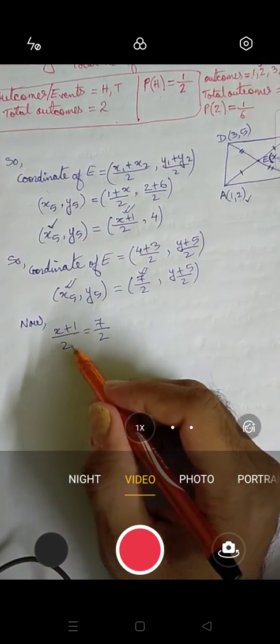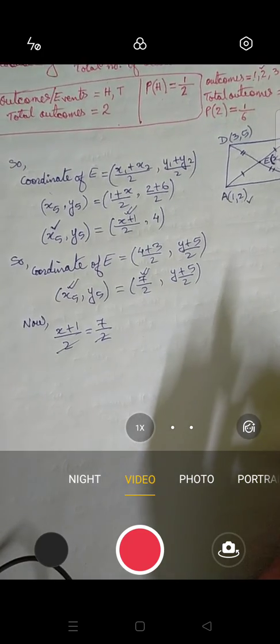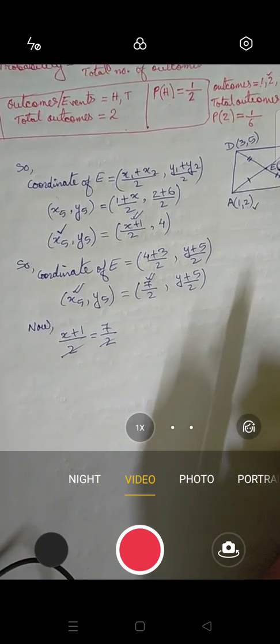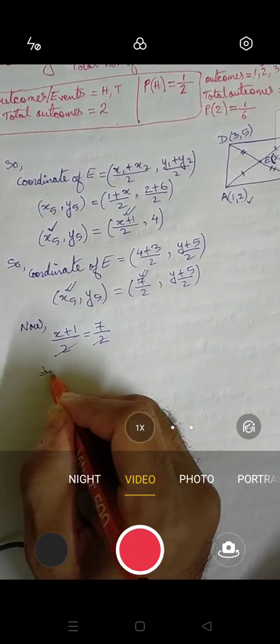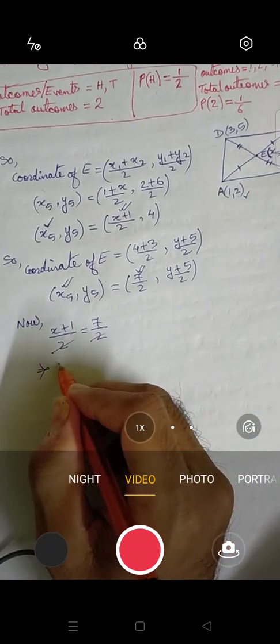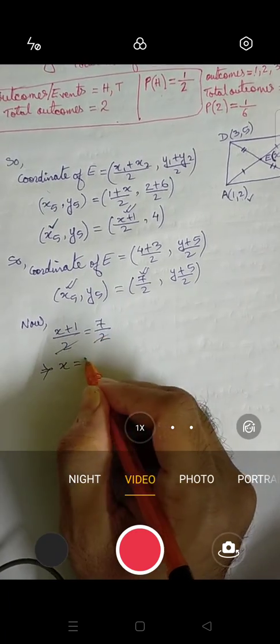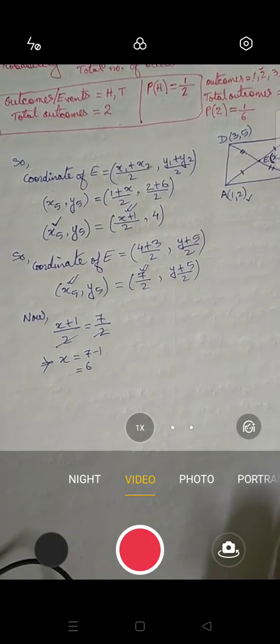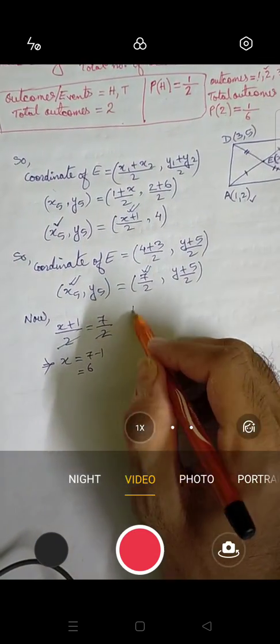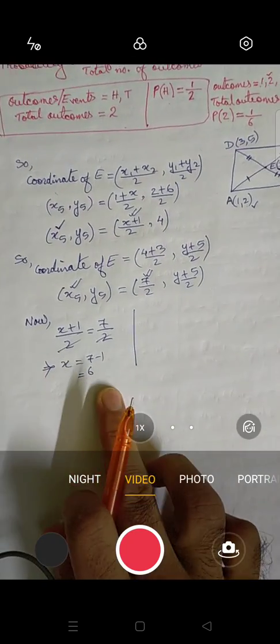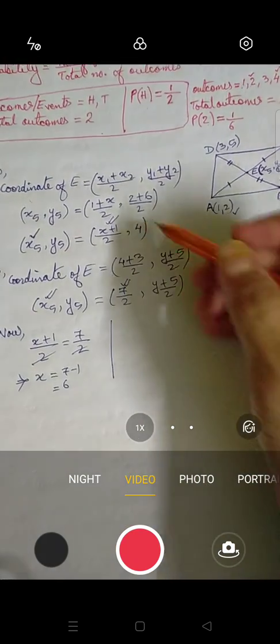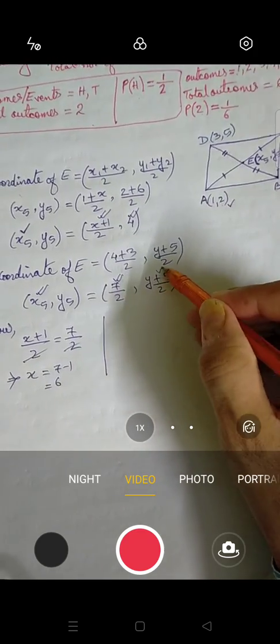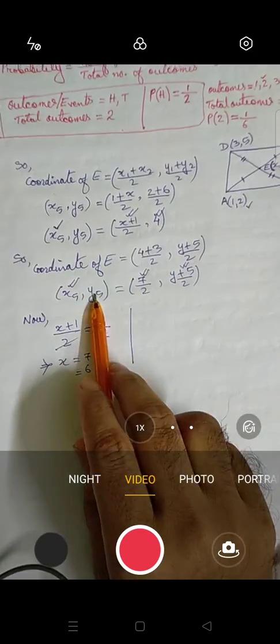Now you know that this denominator and denominator can be cancelled. I have taught you in quadratic equations. Numerator can be cancelled, or denominator. So we have cancelled this one. Now we have x plus 1 equals 7. So can I say that x is equal to 7 minus 1 equals 6? Any confusion? No. Okay, so we got the value of x. Same way, can I say that 4 equals this one, because both are y5, y5.